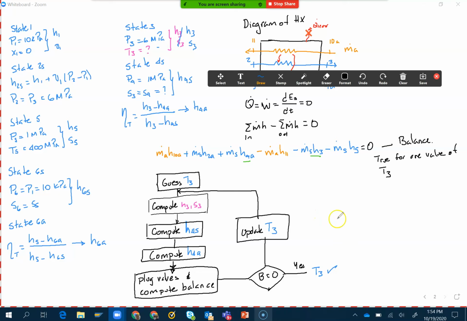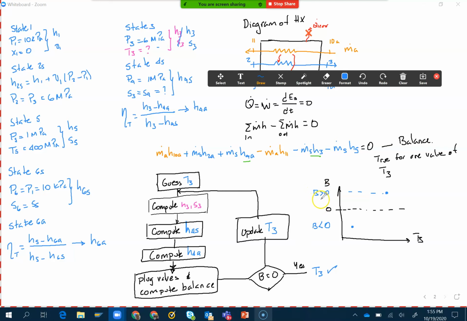There will be some values of T3. Let me make this T3, and we're going to have in this the balance, right? We say that we have only one value that will make the balance equal to 0. So there will be some values of T3 that will make the balance less than 0, and some other values of T3 that make the balance greater than 0.